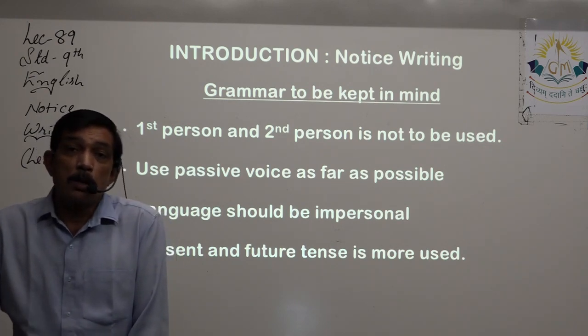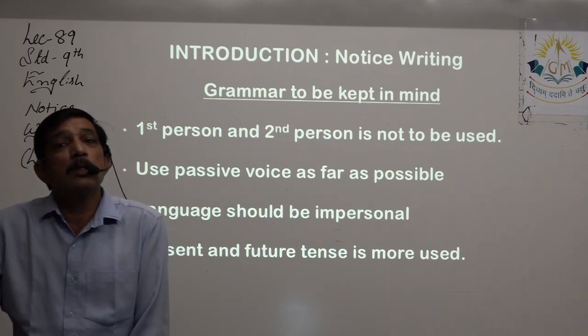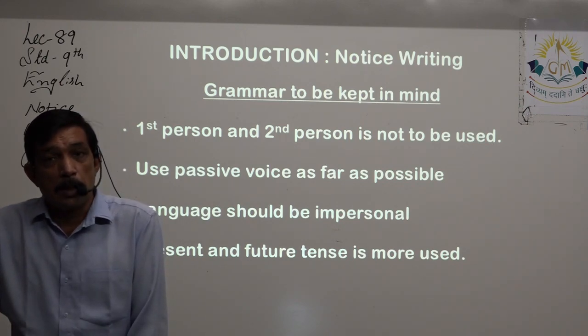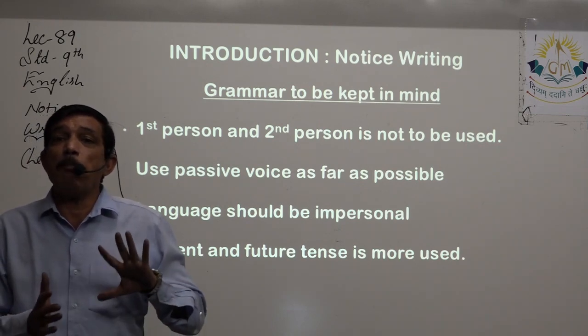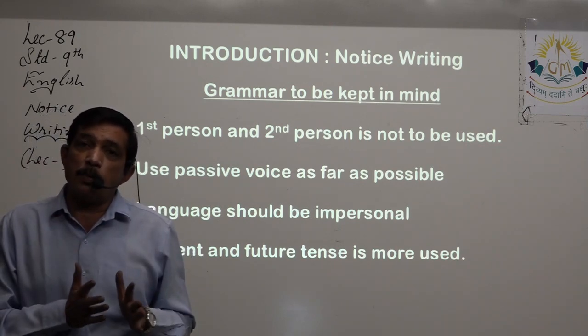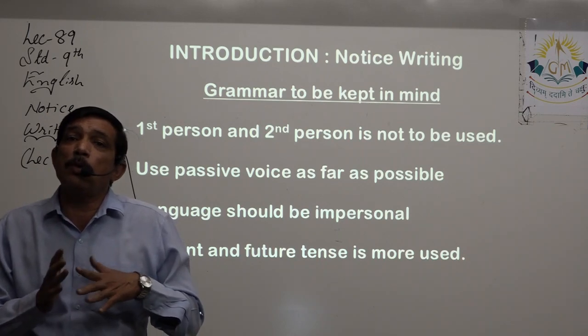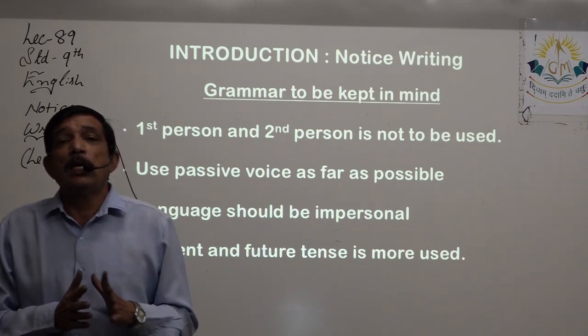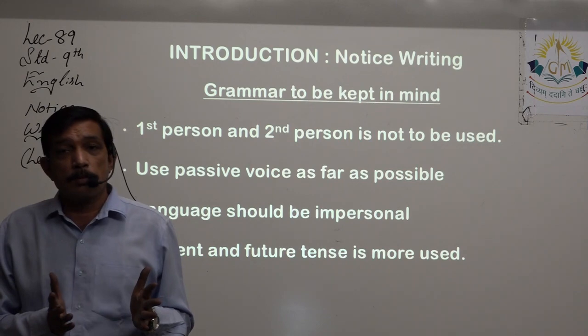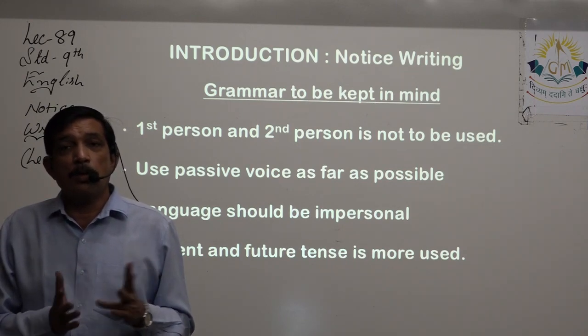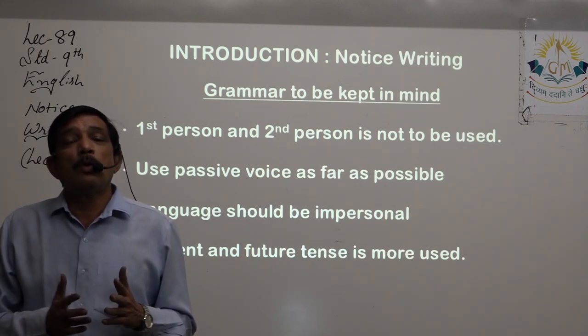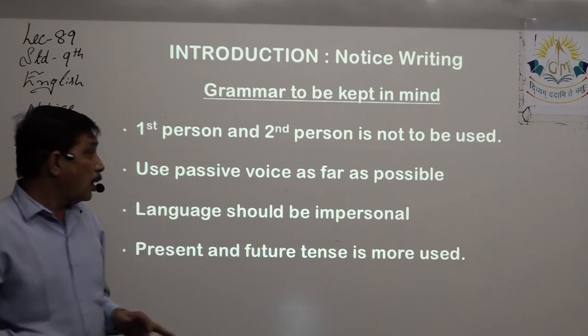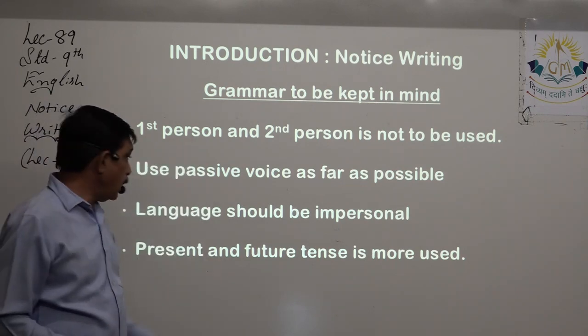Yes, you are supposed to submit your names to your class teacher. No, submit names to the class teacher. Write in passive voice as far as possible so that you don't have to use first person, second person. You don't have to use pronouns: I, we, me, you, no. Right? So, I think these 2 points are quite clear.